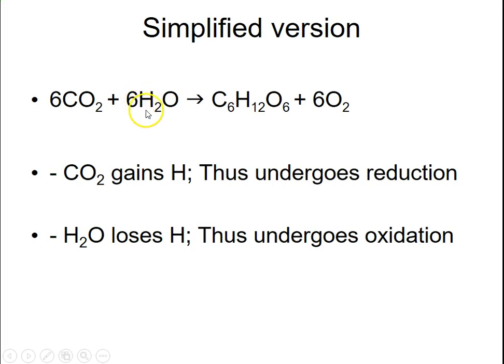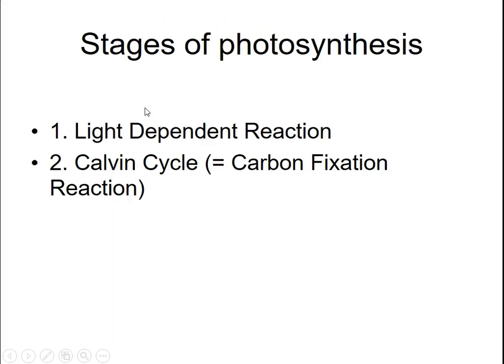The water is the one that has the hydrogen. This is the one that can lose the hydrogen. This is the one that can gain the hydrogen. So carbon dioxide gains hydrogen. It undergoes reduction. Water loses the hydrogen and thus undergoes oxidation in this process of photosynthesis.